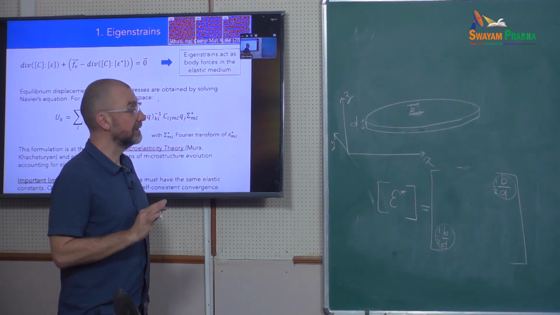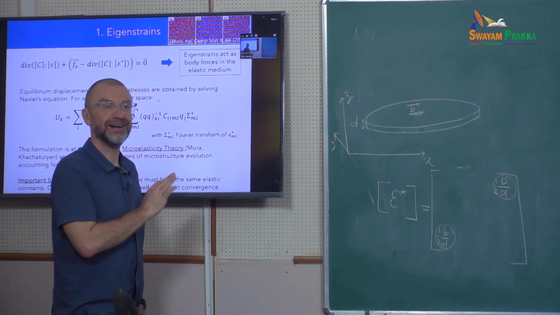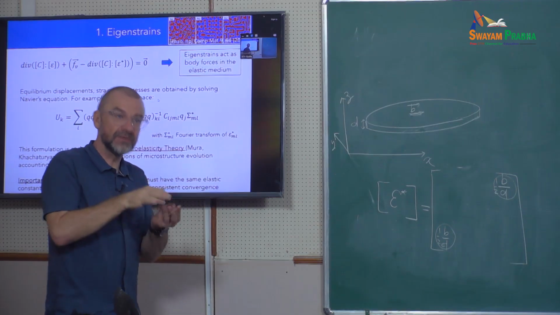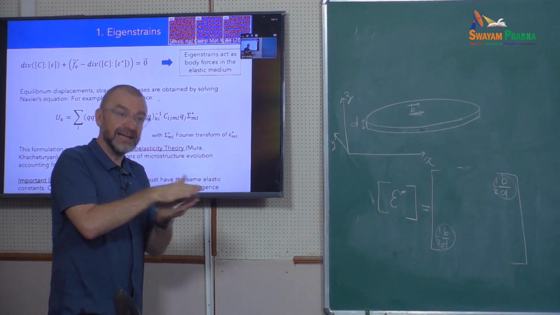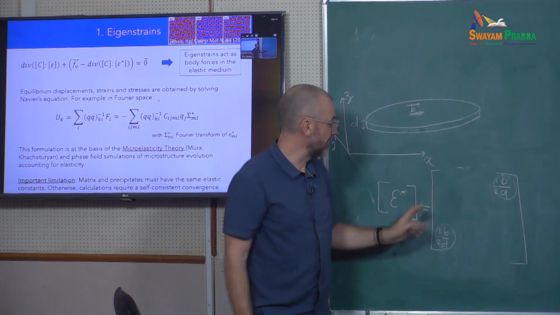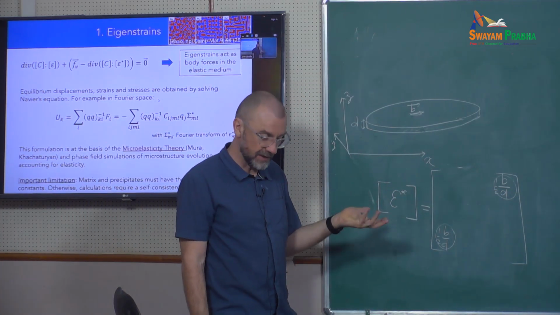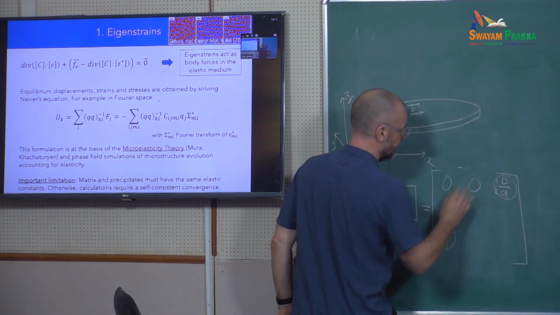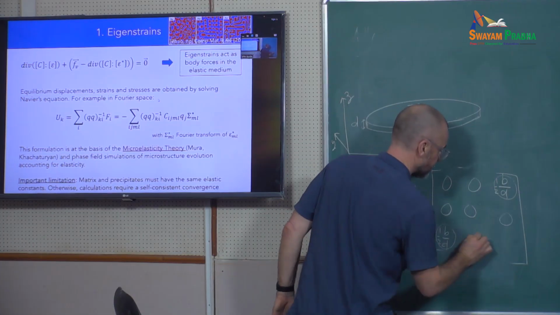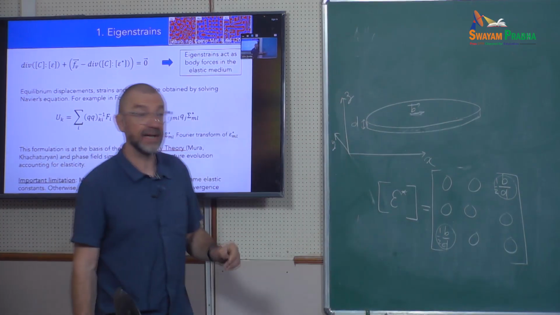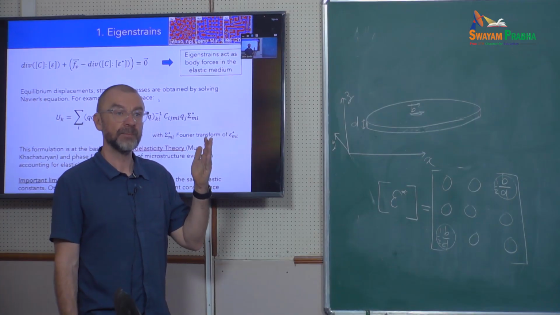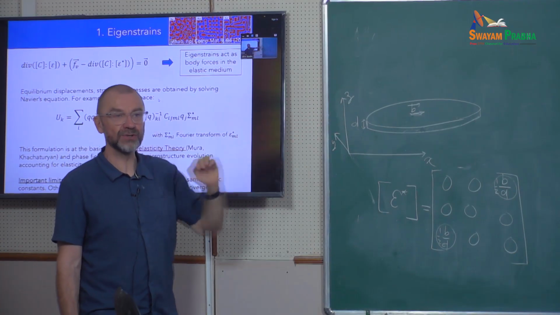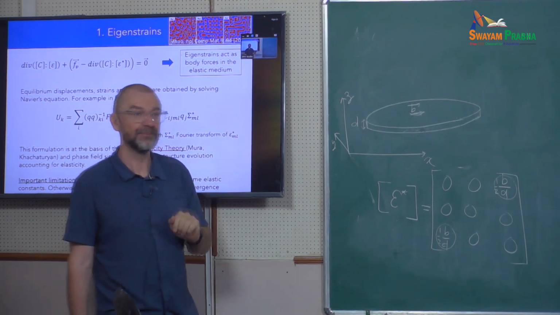Actually, this has been done. You can model dislocations in phase field by assuming that the dislocations are platelets. And inside the platelet, you have an eigenstrain field which, in this frame of reference, would be this inside the platelet and 0 outside. Now, for calculations, we want to take the limit.